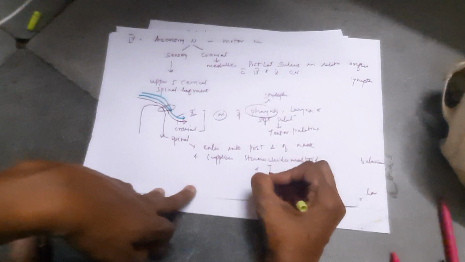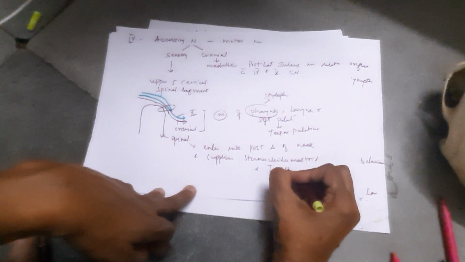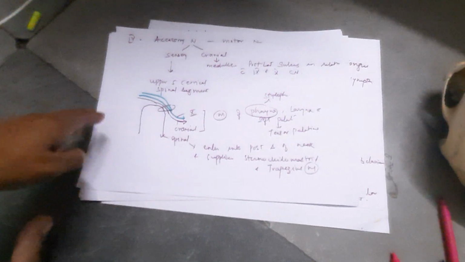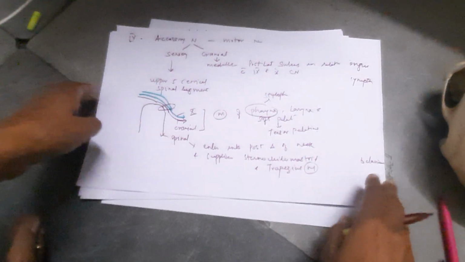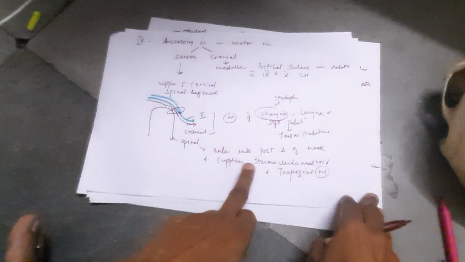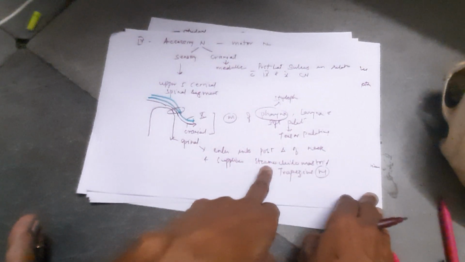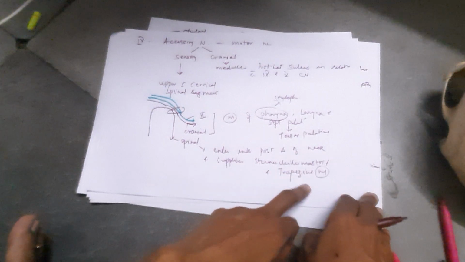Sternocleidomastoid muscle and trapezius muscle, and it will terminate. The spinal part of the accessory nerve supplies two muscles which are forming the boundary of posterior triangle, sternocleidomastoid and trapezius muscle.